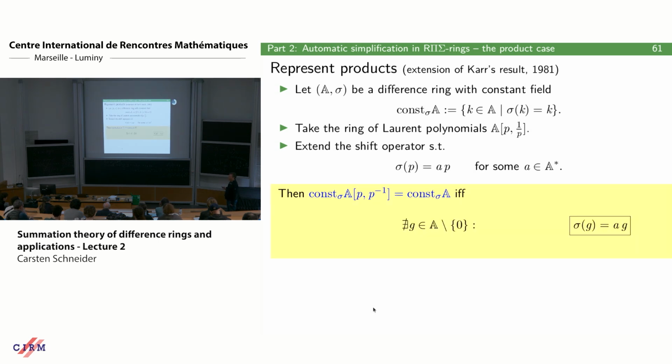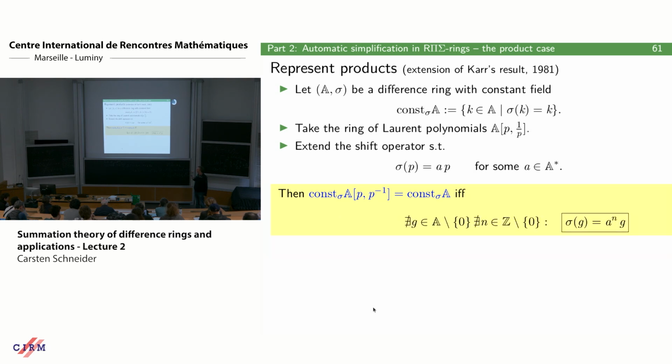And then there is the following hope, but unfortunately it's not as simple. The constants remain unchanged if and only if there does not exist a solution of the multiplication problem. This would go exactly like summation. If I succeed to find a solution, hooray, I can express it in the ring below. If I fail, I join a new variable. But unfortunately, this is not the case.